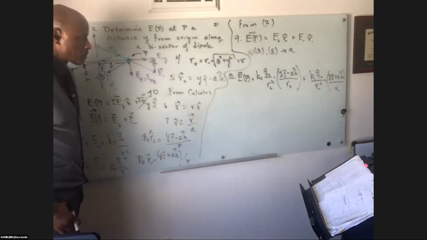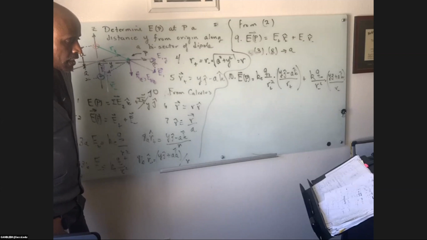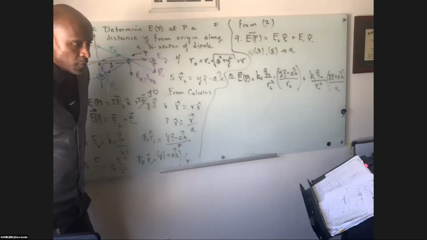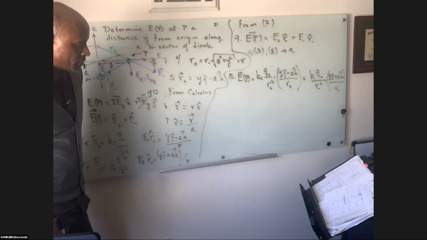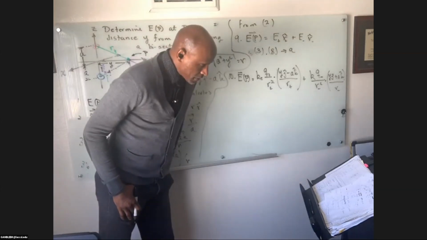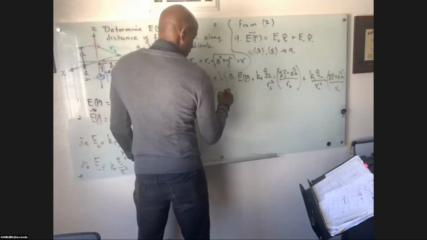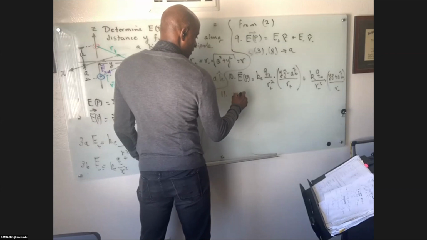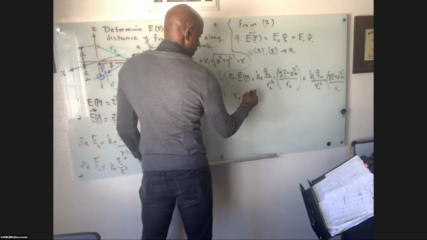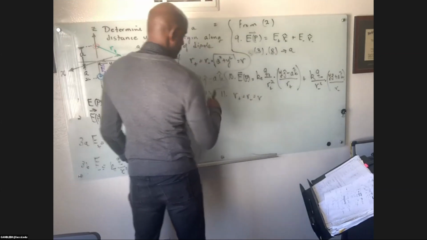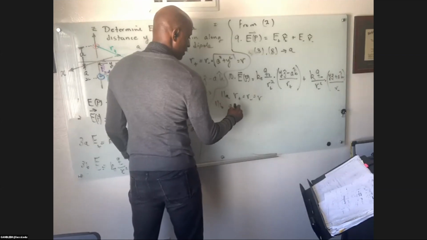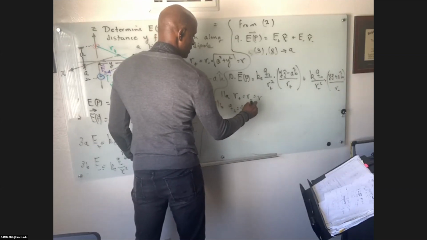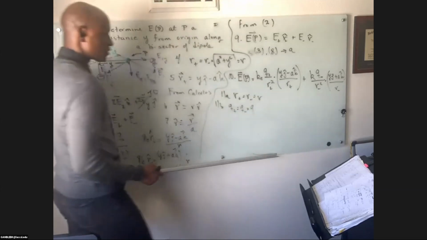Now, is everybody with me still? Hopefully. Now I can do some things. What I want to say is that R plus equals R minus equals R. I think I did that before. But also, 11b, Q plus equals Q minus just equals Q. It's a dipole, so the magnitudes are the same.